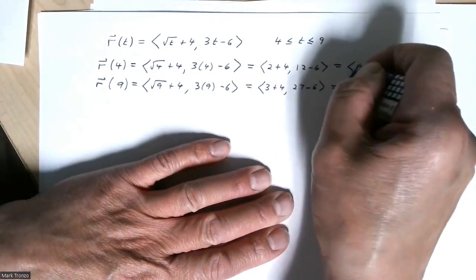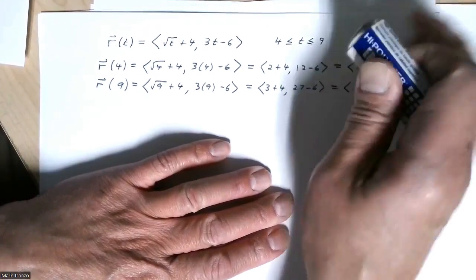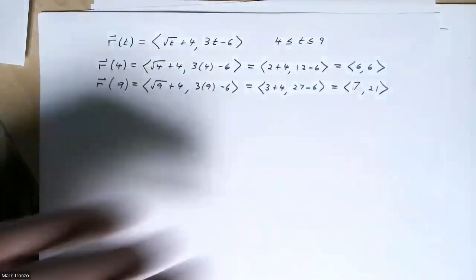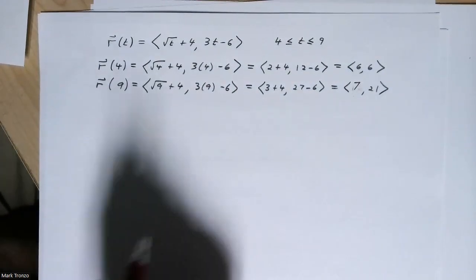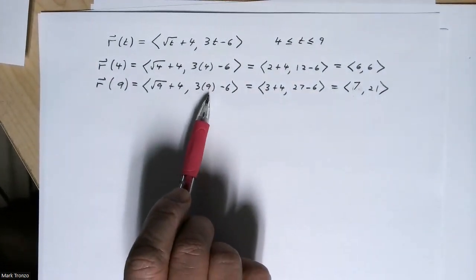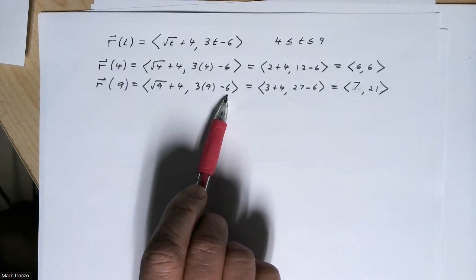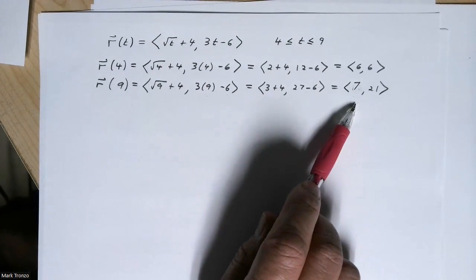This should be a 7 over here, shouldn't it? Like that. And again, put the 9 over here. 3 times 9, 27. Minus 6 gives us 21.